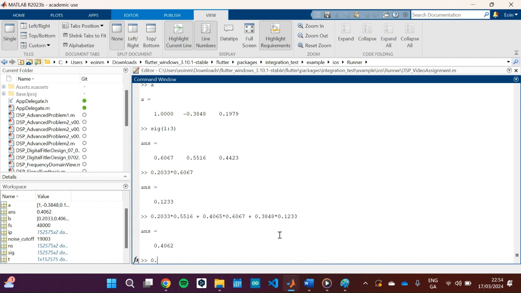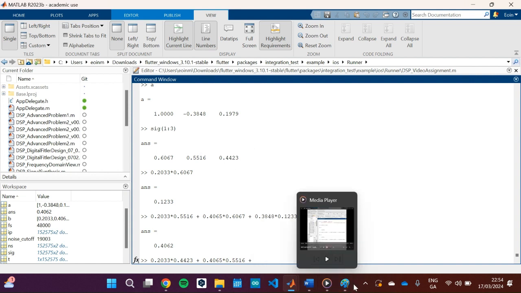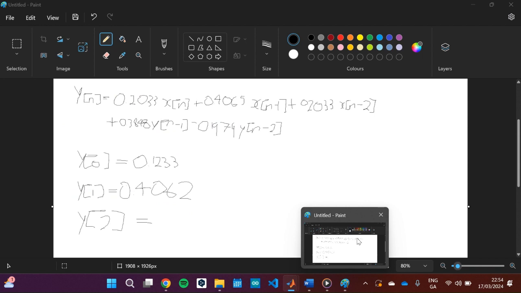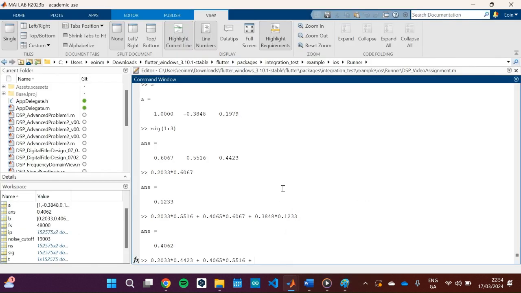So 0.2033 times x of 2, 0.4423, plus 0.4065 times x of 1, which is 0.5516, plus the next coefficient, 0.2033 times x of 0, which is 0.6067.